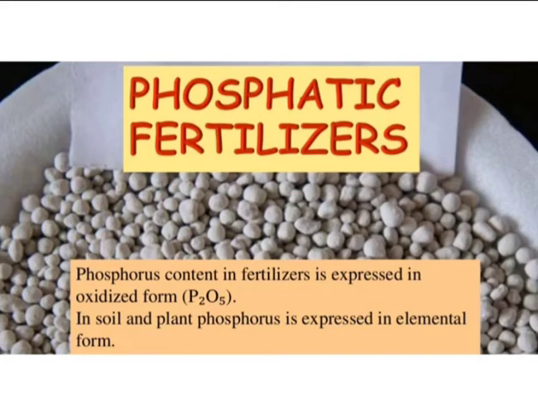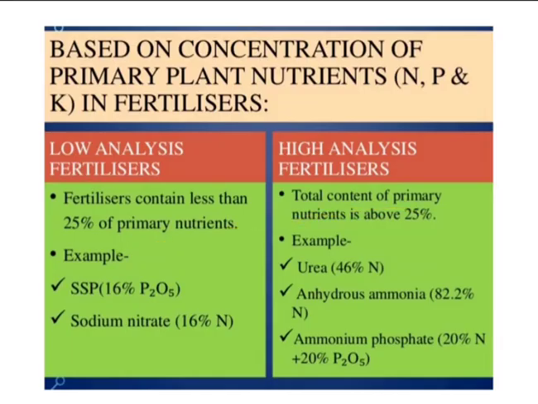Phosphatic fertilizer obviously contains phosphorus, and the phosphorus is expressed in terms of the oxidized form P2O5 in the fertilizers, and in soil and plant, phosphorus is expressed in elemental form. And obviously potassic fertilizer means potassium is present.